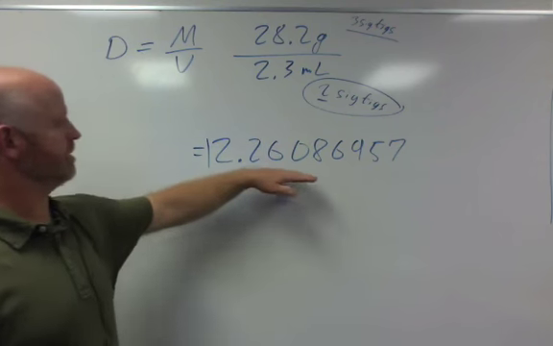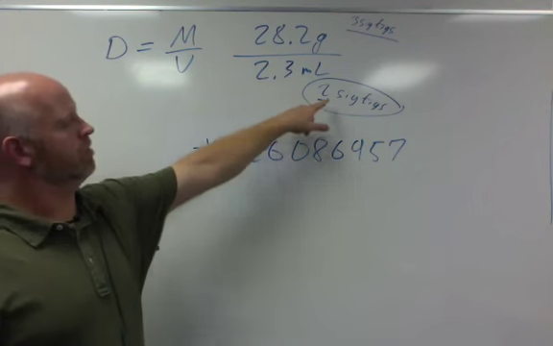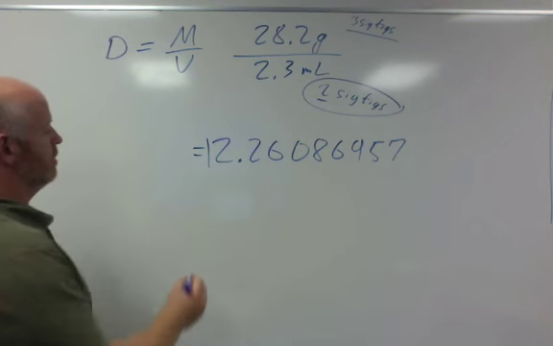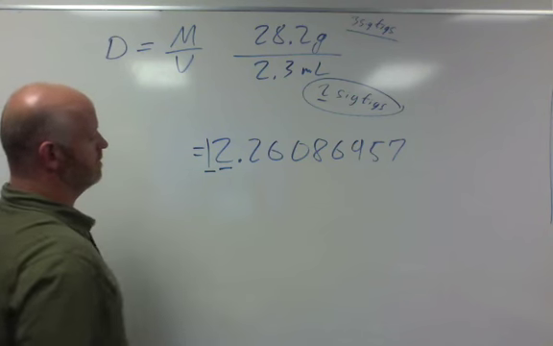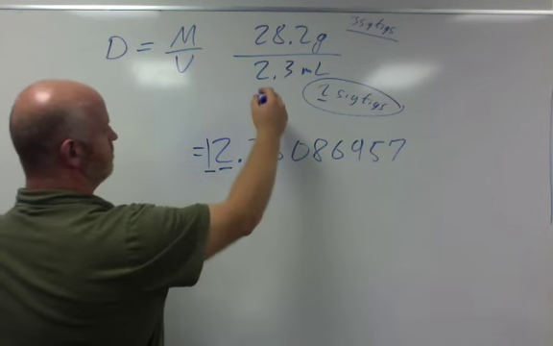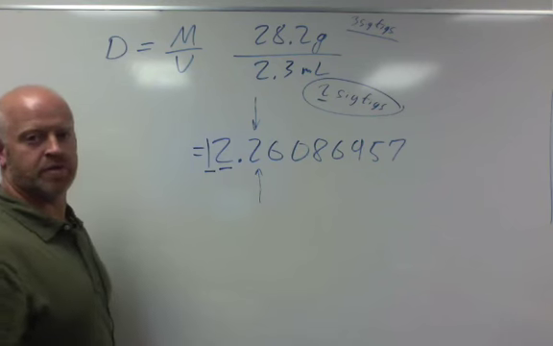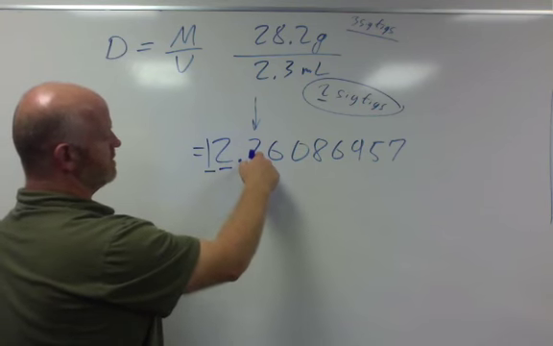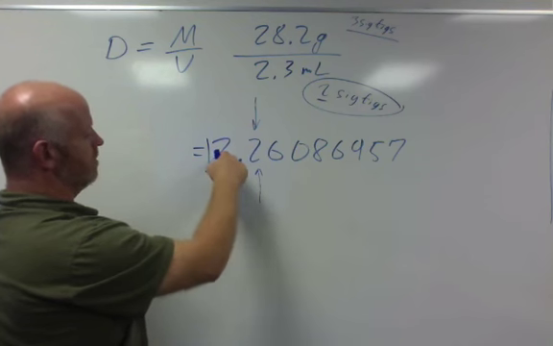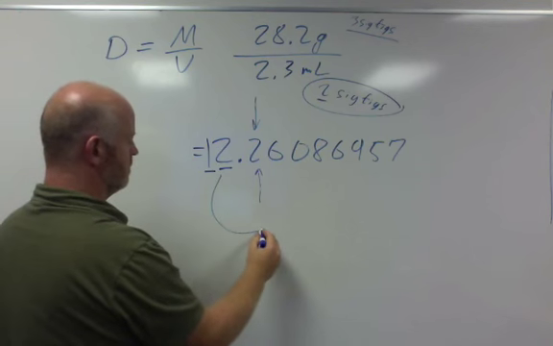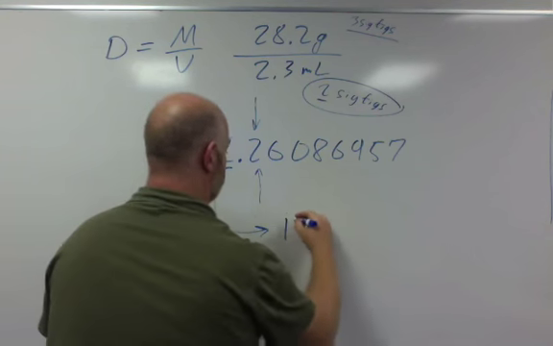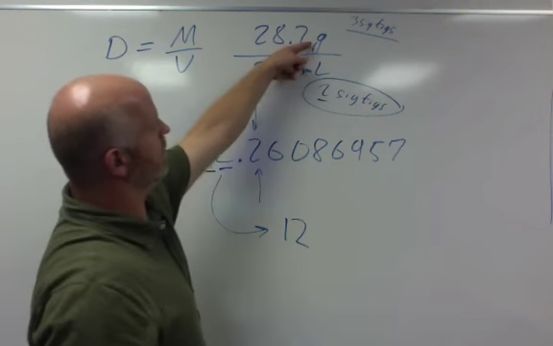So I want to take this answer and round it to 2 significant figures. Here's my first, here's my second, and then we look at the place right after to determine if I'm going to round up or down. Because this number is less than 5, I'm going to round down. So my final answer would be 12, and of course we want to label it grams per milliliter.